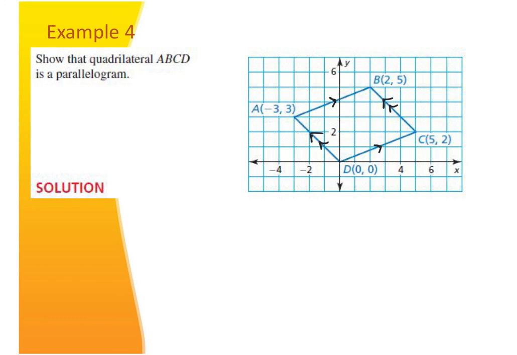You can be difficult and find the distance formula. We could prove congruence between AB and DC, and also BC and AD. I do not recommend this because that involves the distance formula, okay? What Gabby said, which was proving that each of the opposite sides are parallel, is the easiest method, because that only involves slope. But how else could we prove that this is a parallelogram?